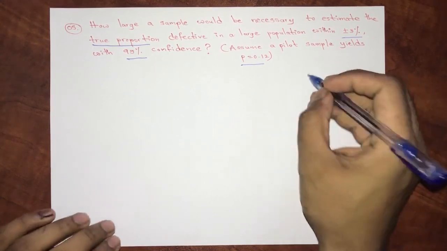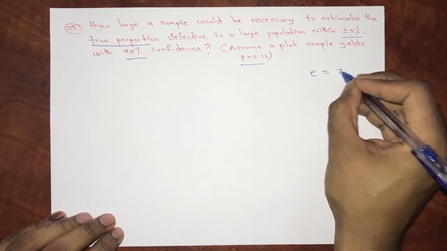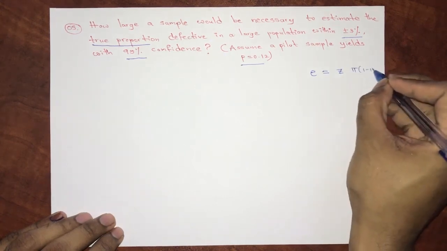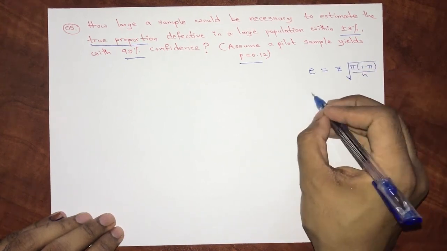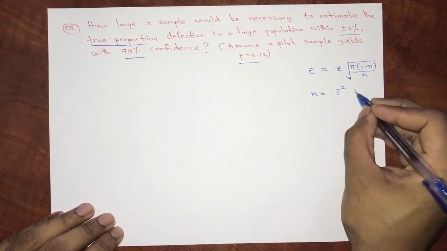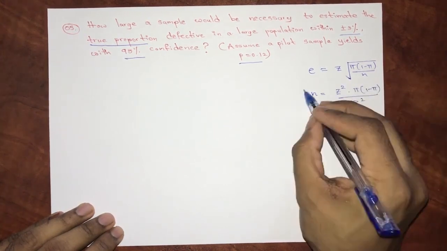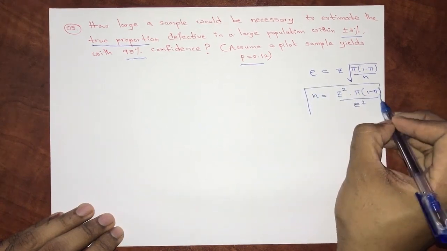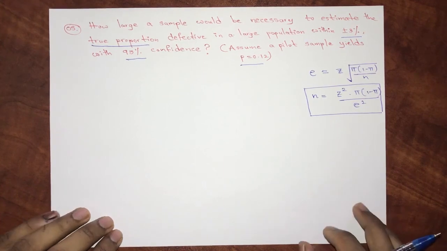In this case, you should remember the equation where your error term is given by z times the square root of pi times 1 minus pi divided by n. From this, we make n the subject, so we get n equals z squared times pi times 1 minus pi divided by e squared. So simply what we have to do is substitute the values into this equation.